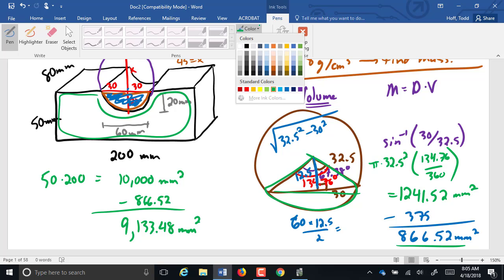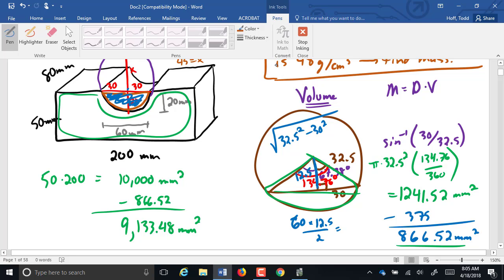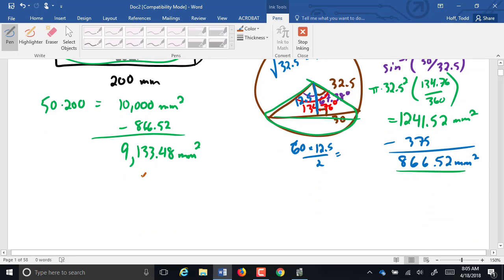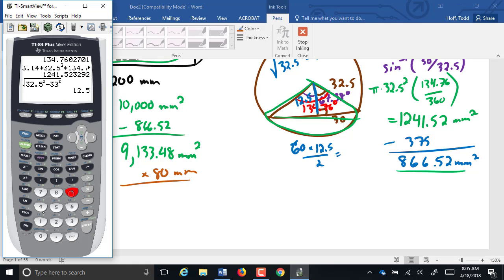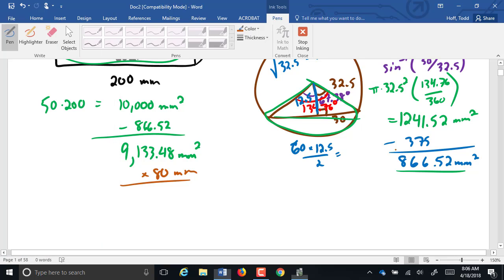10,000 minus 866. Something's, yeah, it's got to be the 9,000. And we're going to multiply that by 80. Well, you're looking at volume, not area. You got to subtract it from the area, not from the volume. Yeah, that's a volume. 200 times 50 is the area. This is an area.